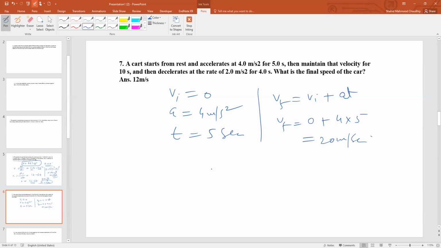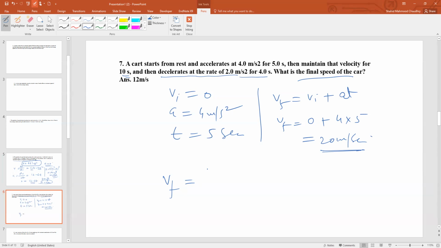Then it maintains that velocity for 10 seconds, and then decelerates at a rate of 2 meters per second squared for 4 seconds. So you have 20 meters per second, maintained for 10 seconds, and then it decelerates. What is the final velocity of the car?